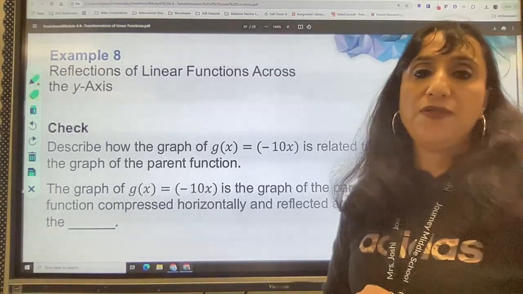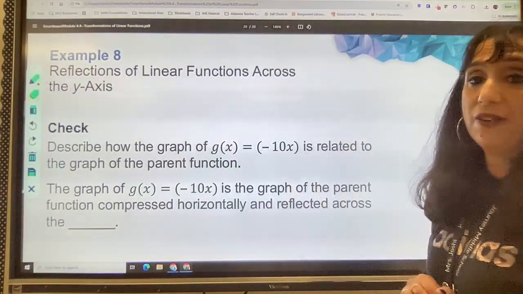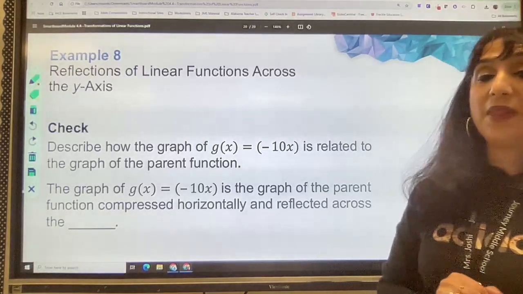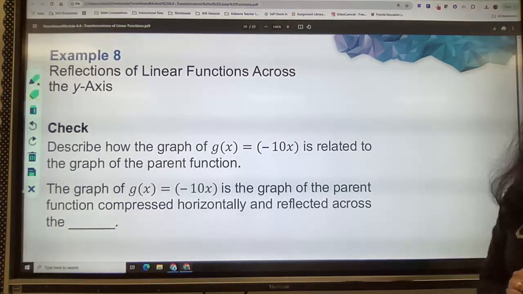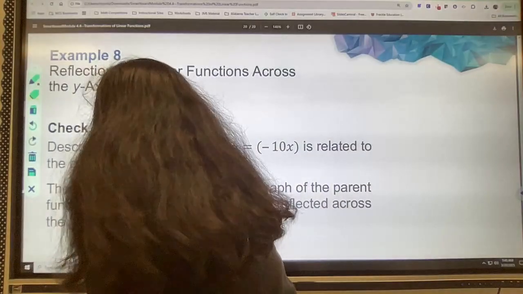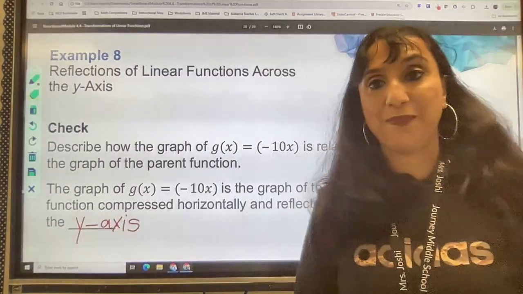The graph of g of x is equal to negative 10x is the graph of the parent function compressed horizontally. And what is this reflected across? It's going to be reflected across the y-axis. Reflected across the y-axis.